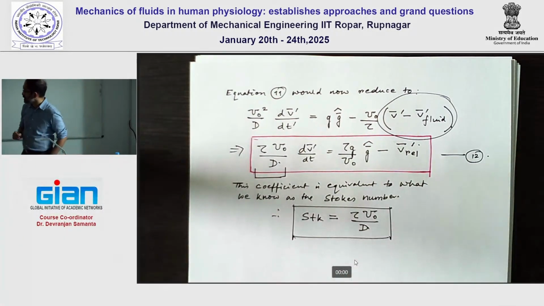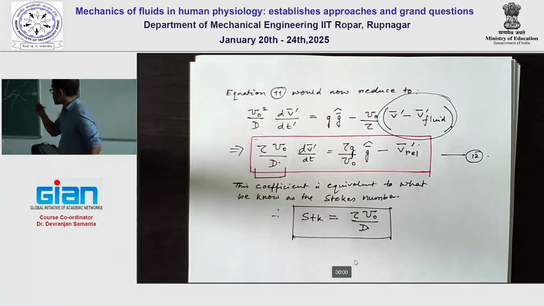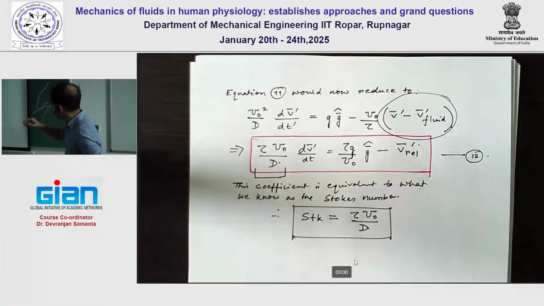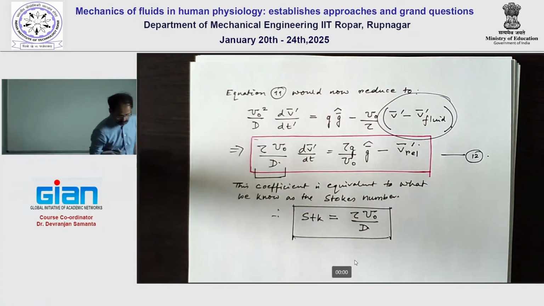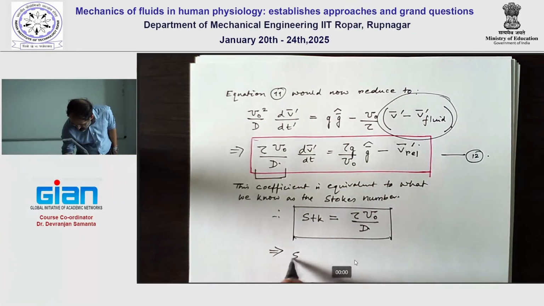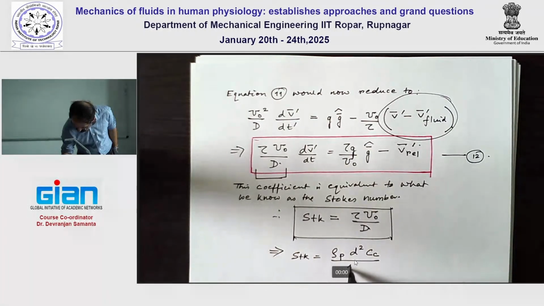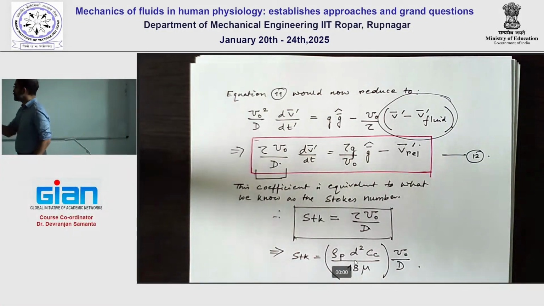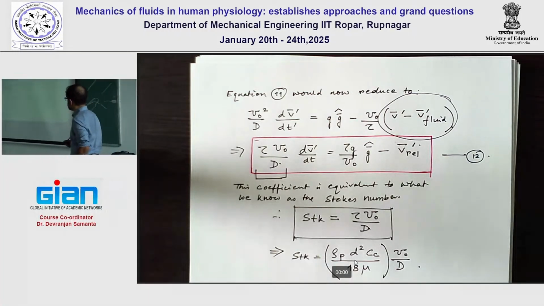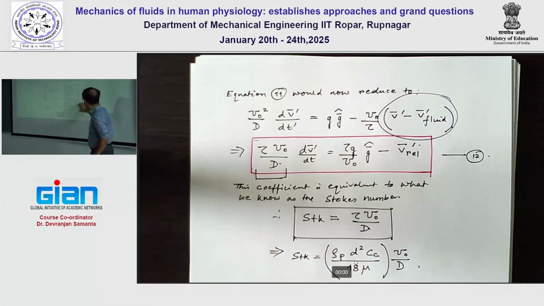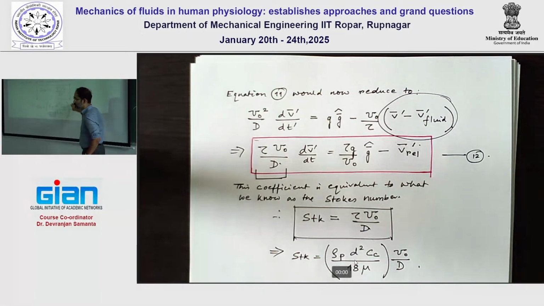Let's now plug in the expansion for the particle relaxation time tau that we have found before. So STK is rho p d square Cc over 18 mu for the tau part, times u naught over d, which is what I was trying to refer to: this is tau and u naught over d is 1 over t, the inverse time scale, right?